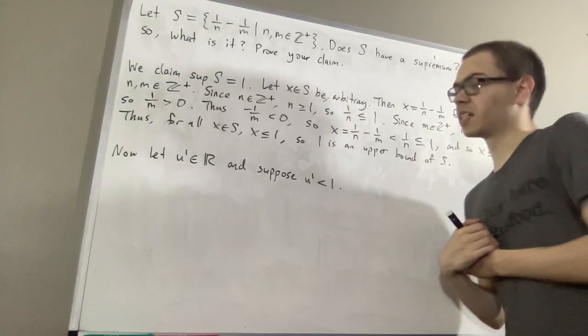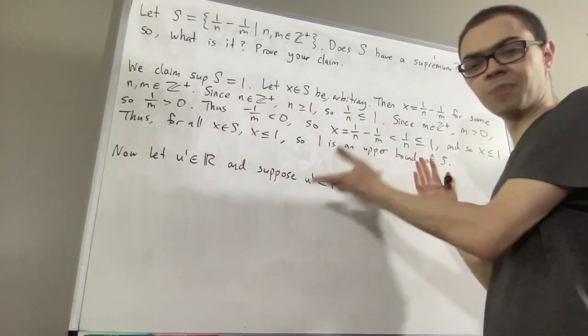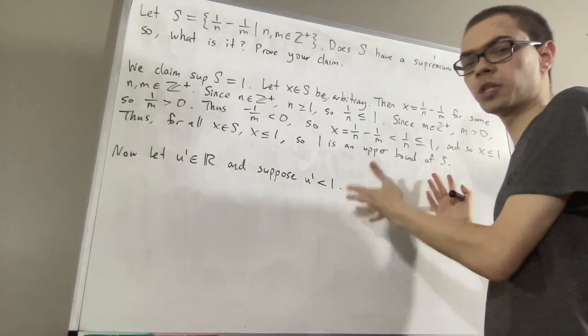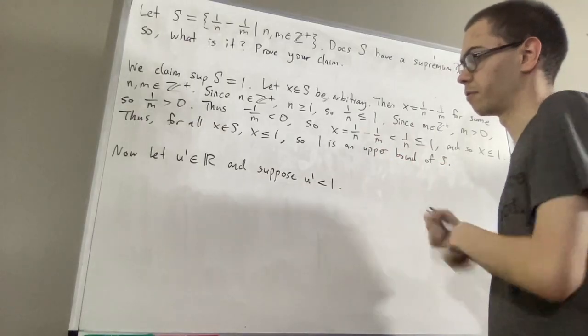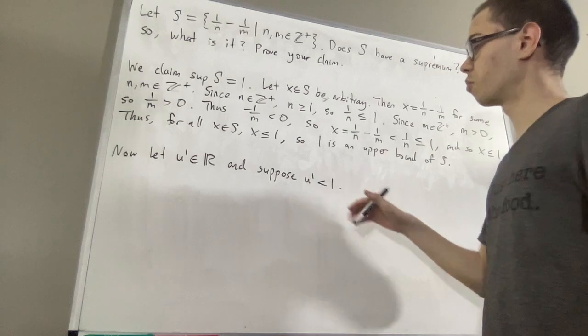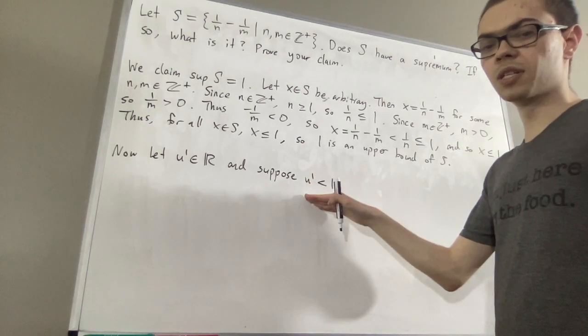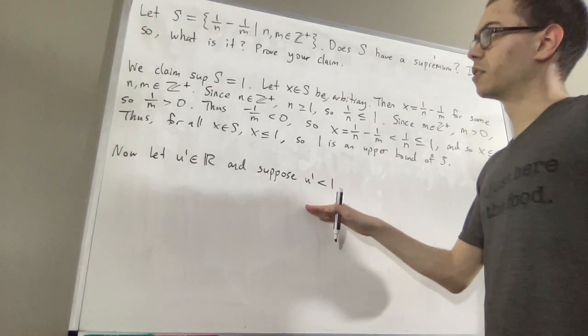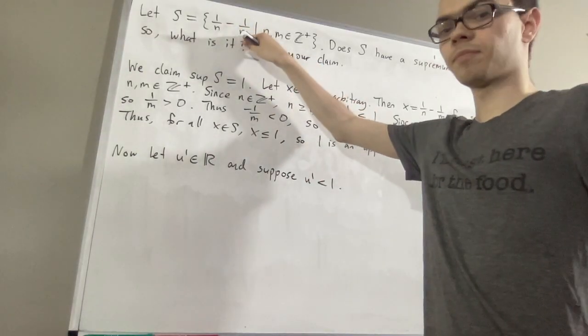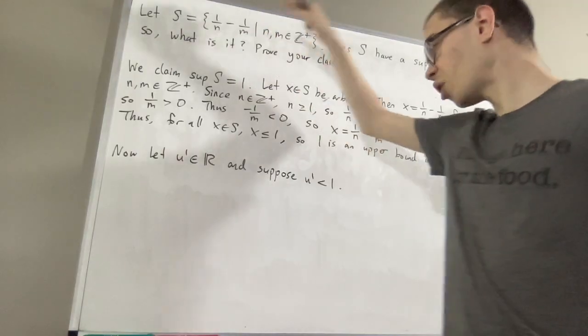So how do we do that? As you may have guessed, we somehow need to invoke the Archimedean property, right? So to show u prime is not an upper bound of S, we're trying to show u prime is strictly less than some element of the set. Now it makes sense.